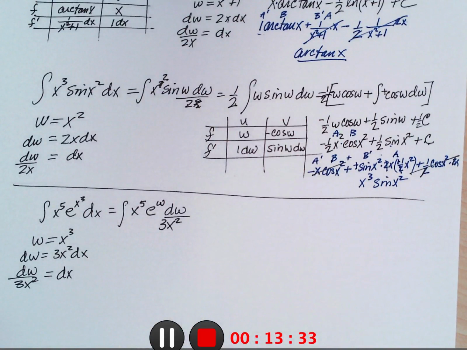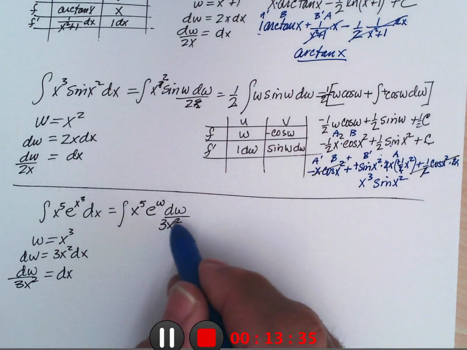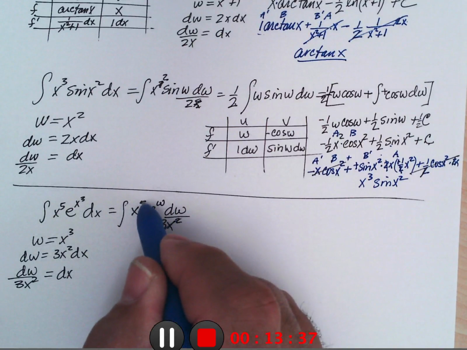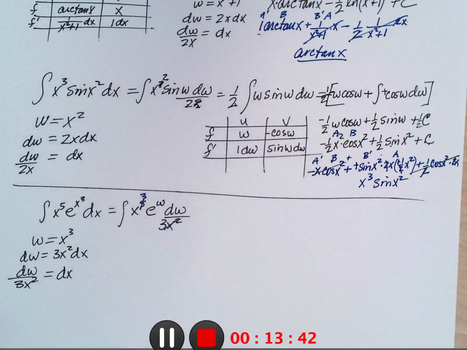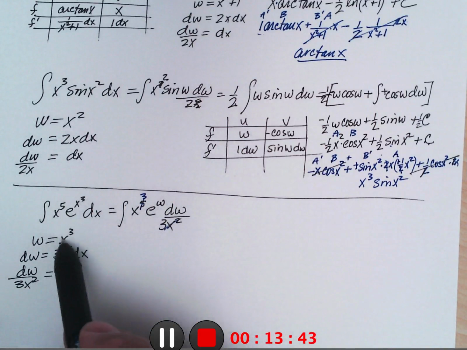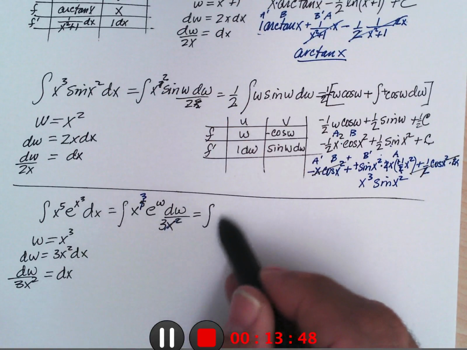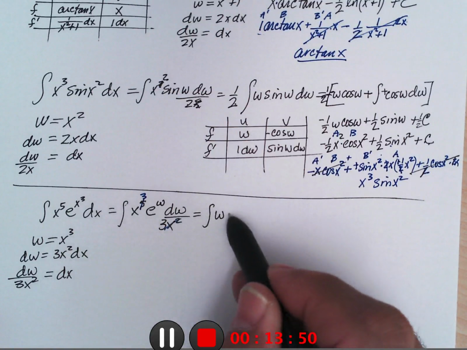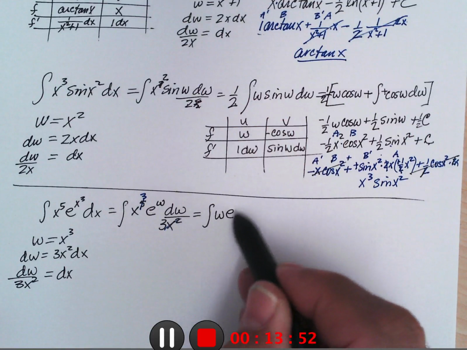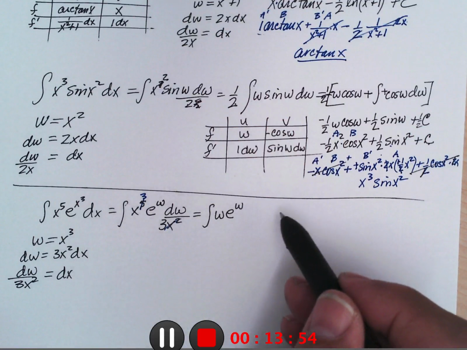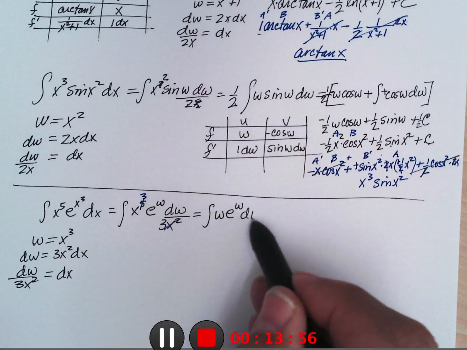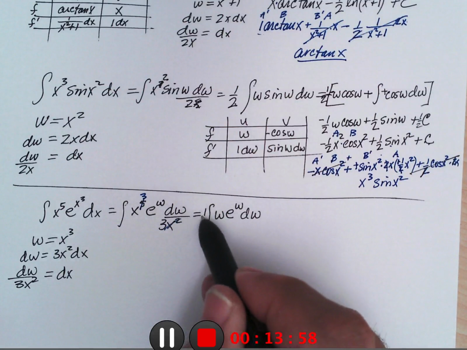The x squared will cancel 2 of these and leave x to the third. But x to the third was a w, so we get the integral of w e to the w dw over 3, which would be 1/3 on the outside.